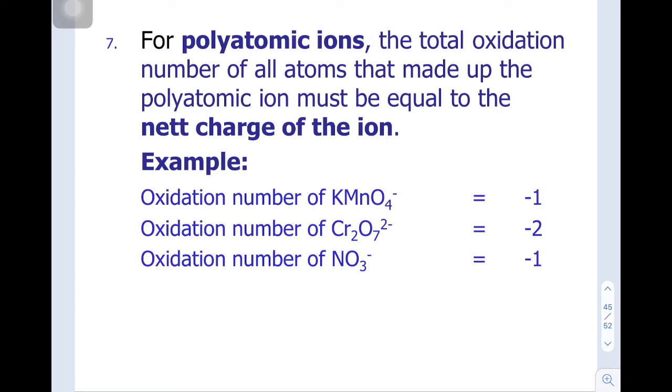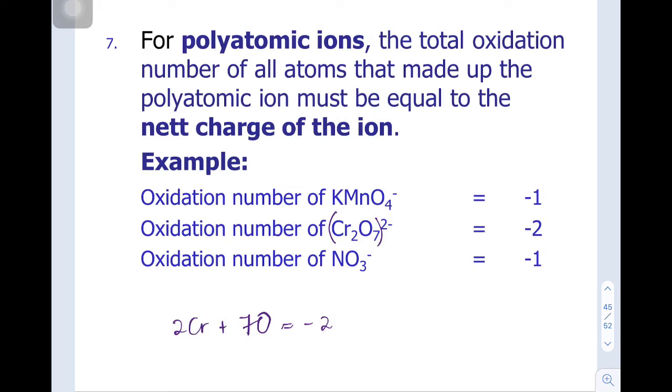Another example, if we have Cr2O7 2 minus, this -2 is actually the net charge of the whole ion. It does not belong to the last atom. So the oxidation number of 2 chromium and 7 oxygen in this polyatomic ion will be equal to its net charge, which is -2.